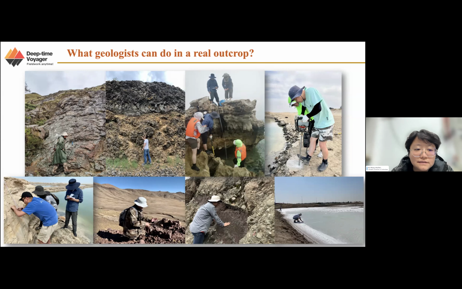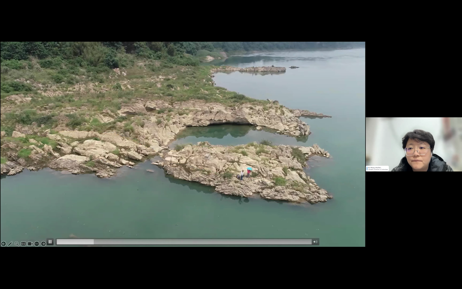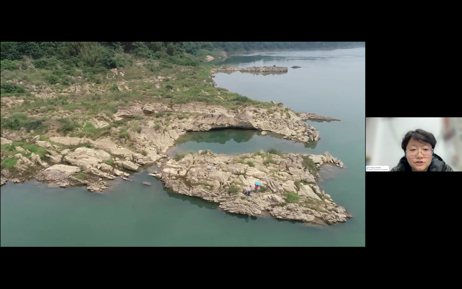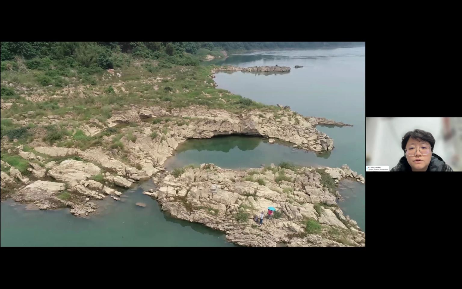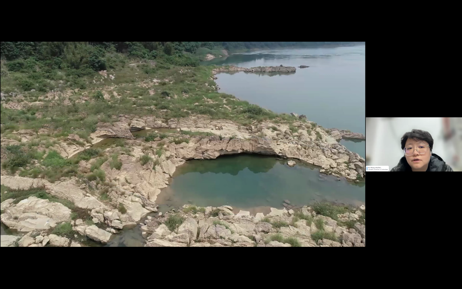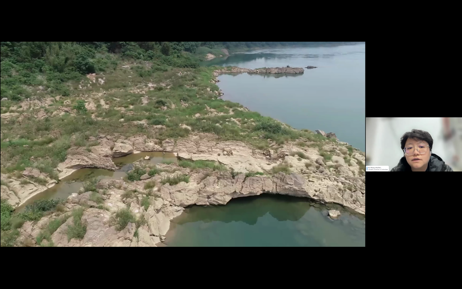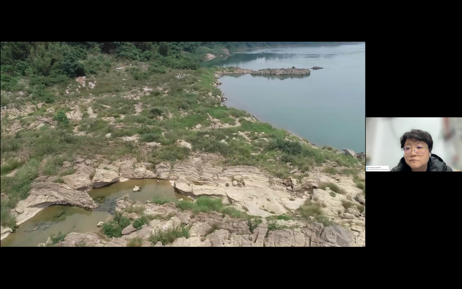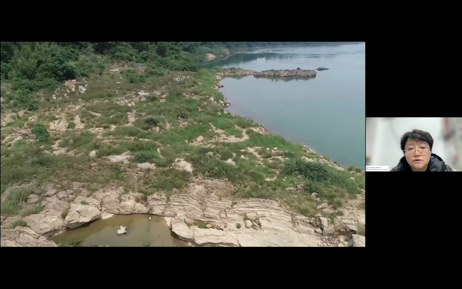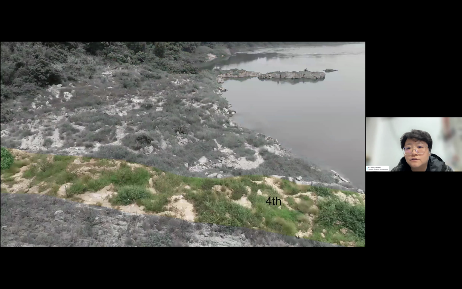This is the outcrop that I worked with in South China for my PhD. It was located next to a riverbank and was perfect for illustrating the development and distribution of the reef community after the Mid-Permian mass extinction.